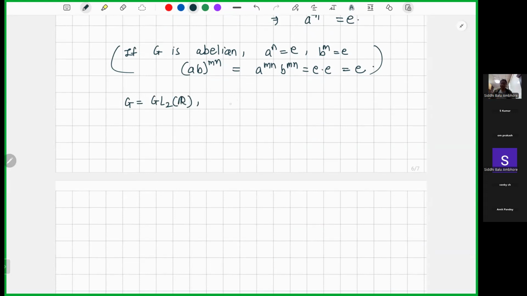And this is also not abelian. So I take A to be the matrix [0, 1; 1, 0], and B to be [0, 1/2; 2, 0]. Then what is the order of A? Let us check what A square is.